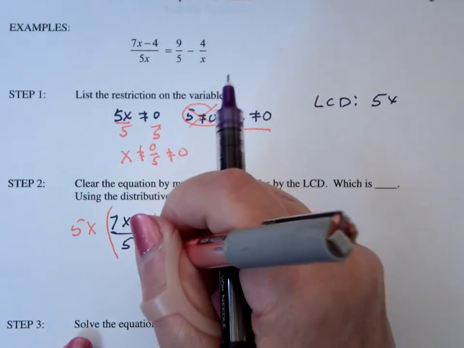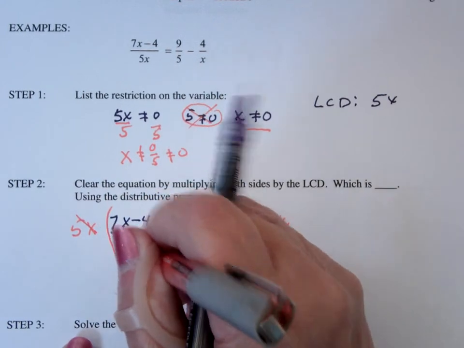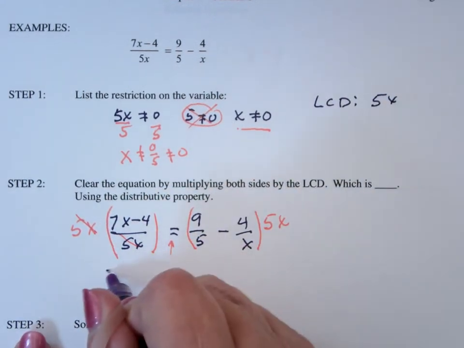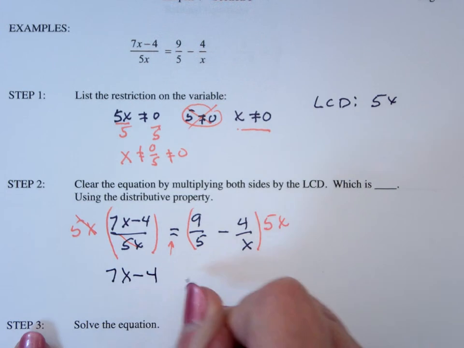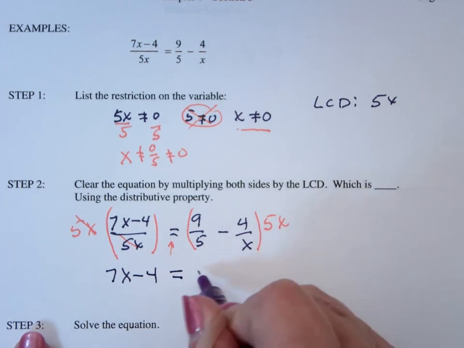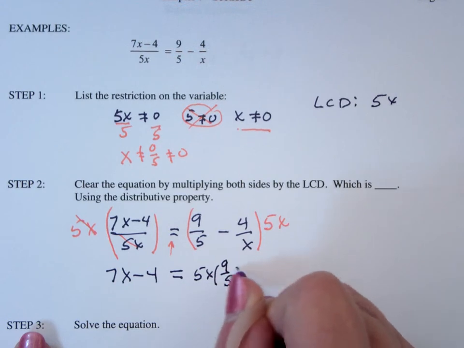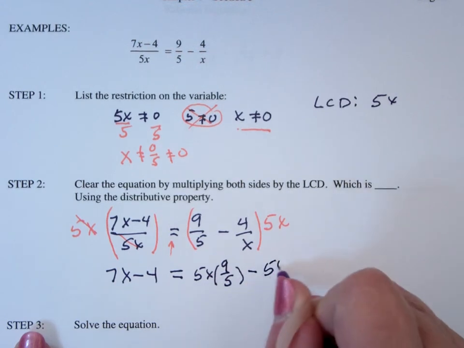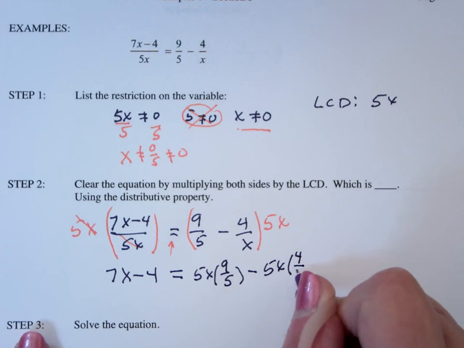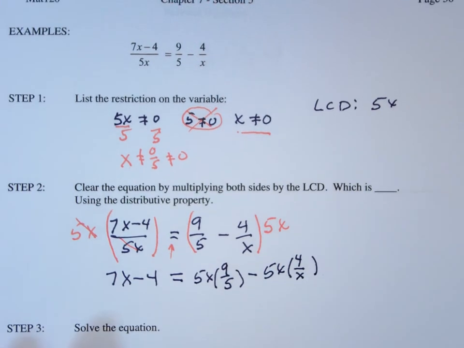First of all, since this is a single fraction, the 5x is reduced out. So this is 7x minus 4 equals, this is going to be 5x times 9 over 5 minus 5x times 4 over x.